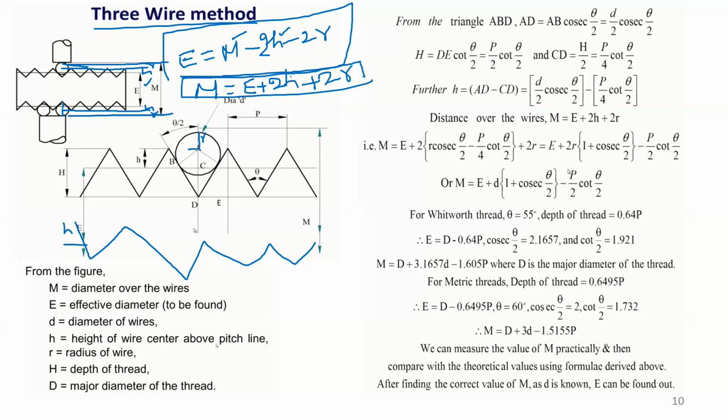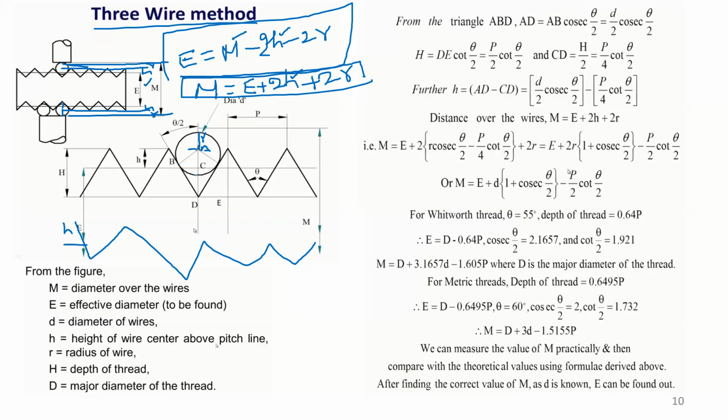So once you calculate the H value, you can calculate the effective diameter. In order to find out this small h, the small h is nothing but, you see, this is the point A and this is the point D. If you subtract AD minus CD, you will get the H value.